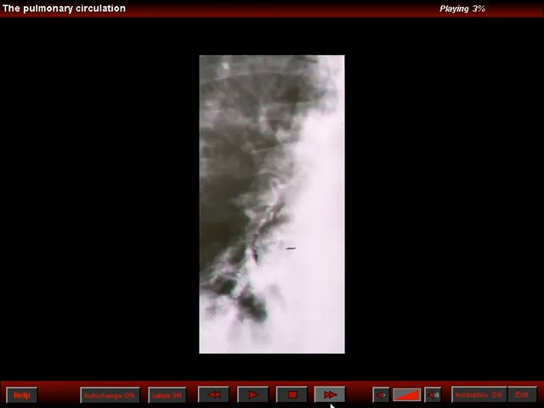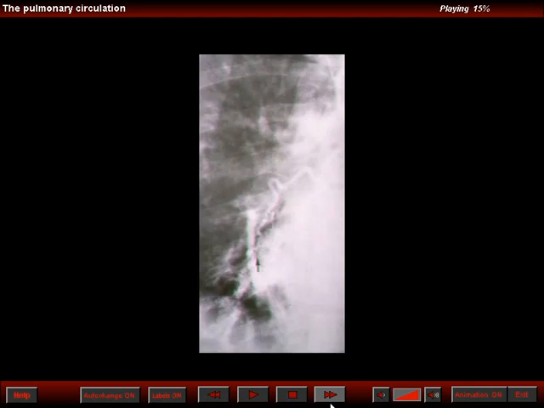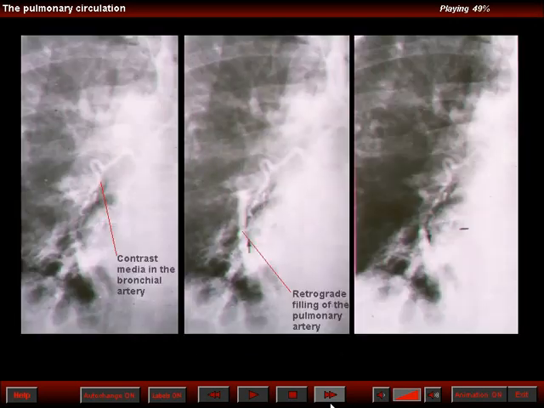When one observes this phenomenon by fluoroscoping the bronchial angiographic examination, we can see a to and fro motion of the opaque column in the pulmonary artery. In other words, it fills distally first, contrast moves up the pulmonary artery, and then with another systole, the contrast moves towards the periphery of the lung.